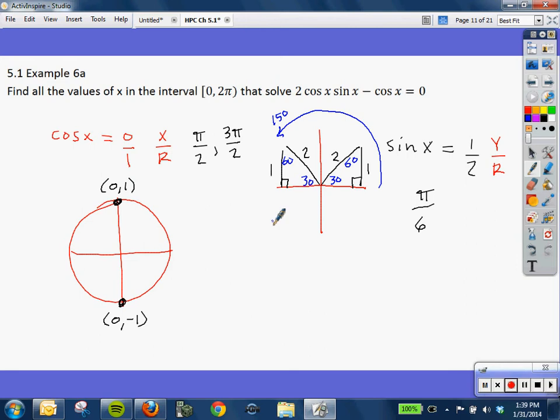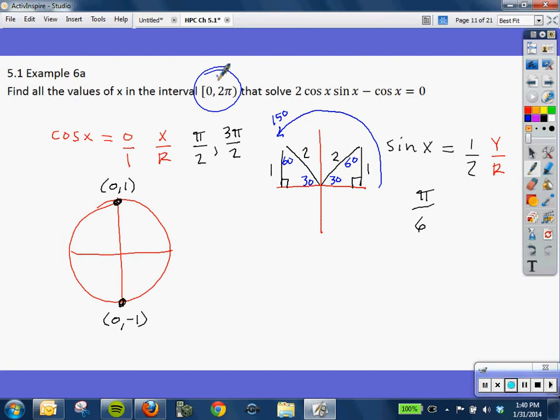Okay, so we want to figure out how to convert that into radian measurement. Because in the directions here, they're giving us radian measurement. So we could multiply 150 by pi over 180 and convert.